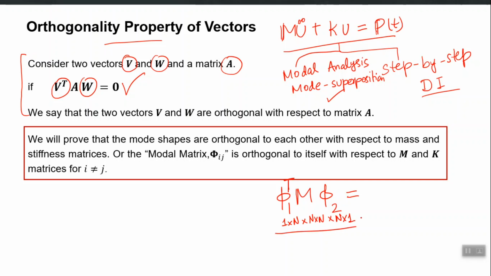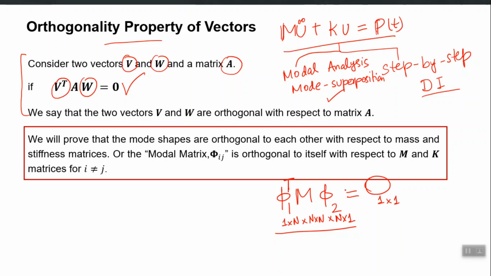So this product of three things is just 1 by 1, which means it will be a scalar quantity, and that quantity will be 0 for phi1 and phi2. Similarly, for phi2 and phi3, that product will be 0. We will prove that in a minute.